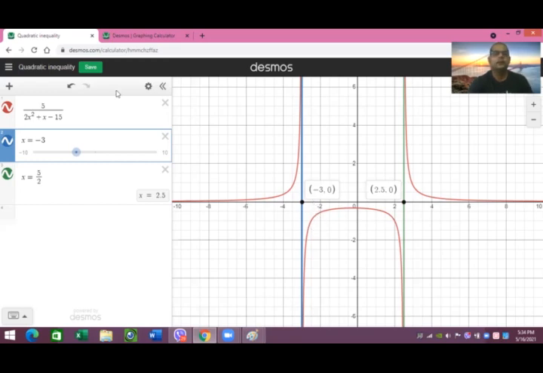That means this function is negative. And again, from this value 2.5, if you check for values of x less than 2.5, then you can see the part of the curve is again below the x-axis. That means y is negative in this case, and that is what we require here. So therefore, from the graph also it is clear that your solution is between -3 and 2.5, or 5/2.